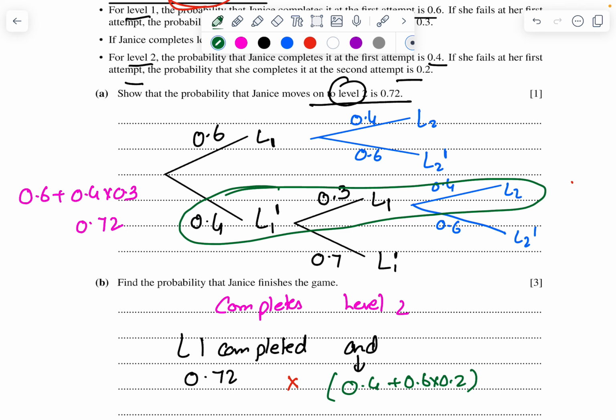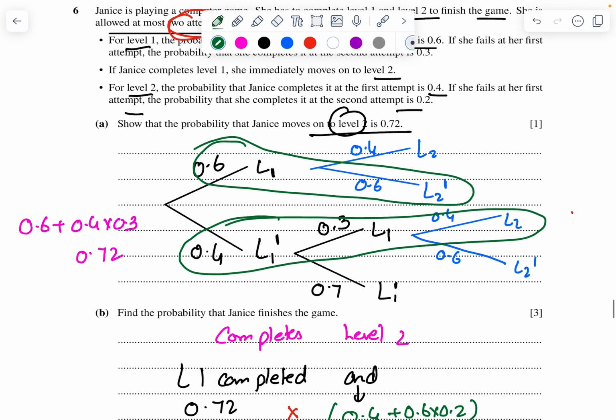Or another way is 0.6 times 0.6, and then she passes: 0.6 times 0.6 times she completes the second attempt for level 2, which is 0.2.